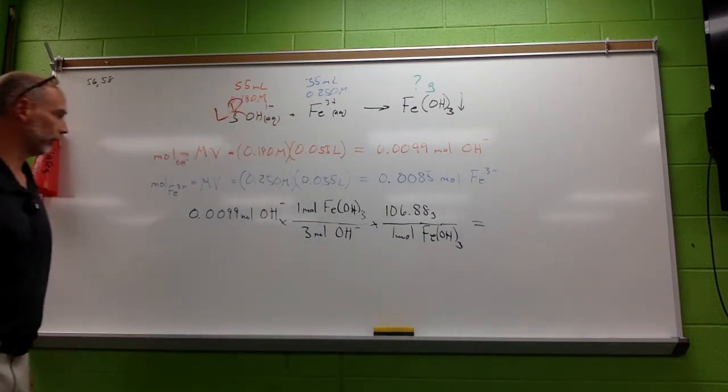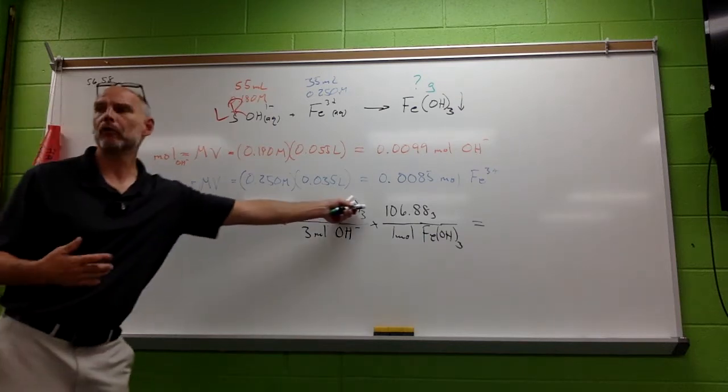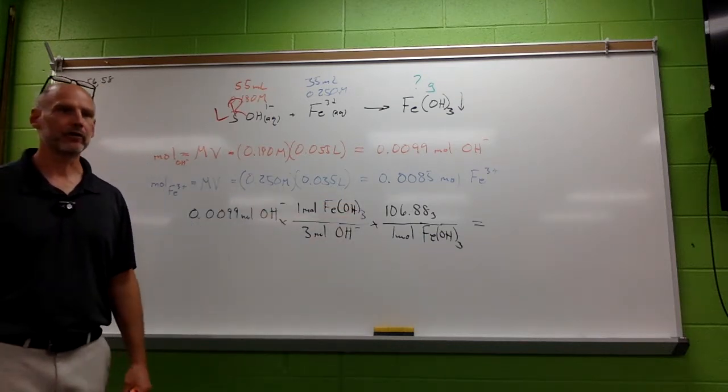And so now we can do this one relatively easily in our head. 1/3 of 106 is 34-ish, 33, 34-ish, but it's going to be a little bit over that, 35, 36-ish.